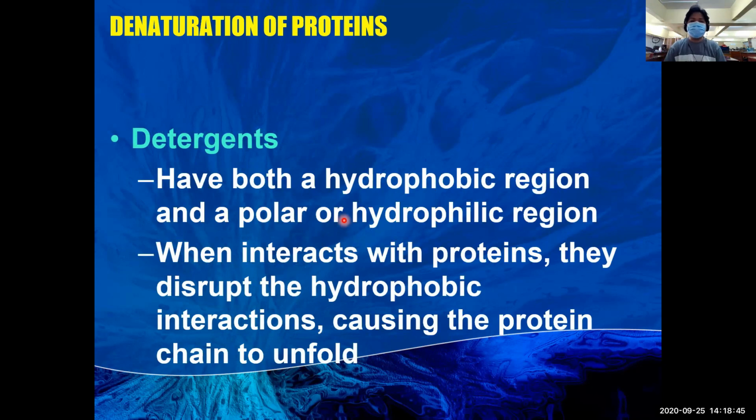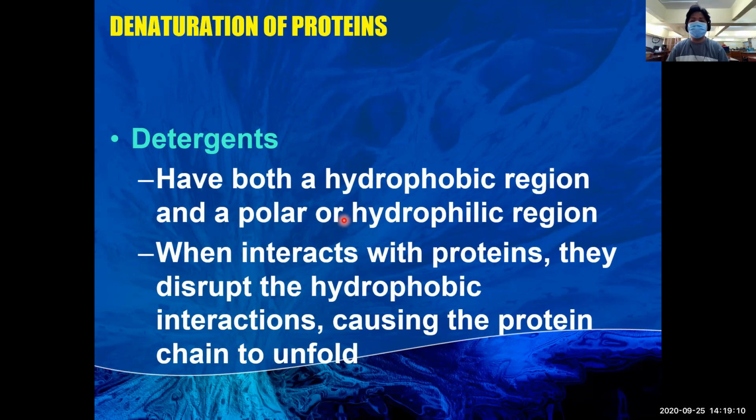Detergents have both a hydrophobic region and a polar or hydrophilic region. Detergents are another denaturing factor, and they interact with proteins. How would they interact? They disrupt the hydrophobic interactions within the protein, causing the protein chain to unfold.